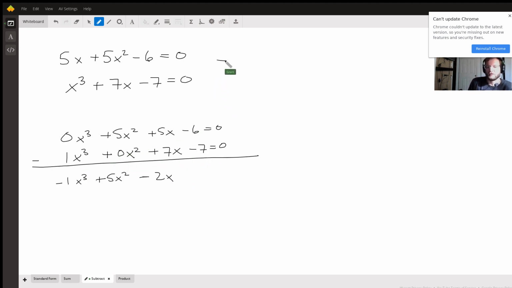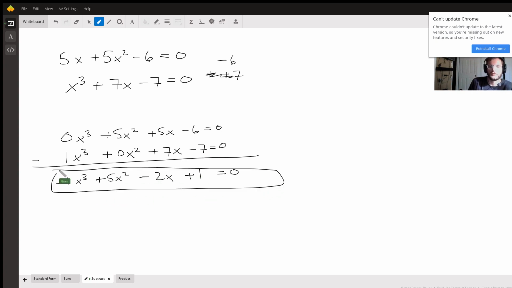That would turn that to plus, so this would be plus 1 equals 0. So this would be your final answer for this equation. Now, you don't really need the negative 1 right there. It just reminds you that there is a 1 in front of that. But that would be the answer to those equations.